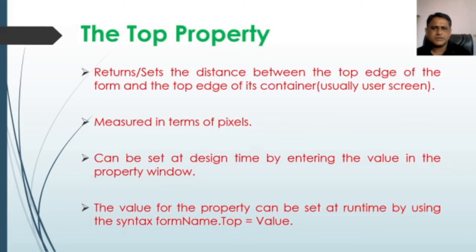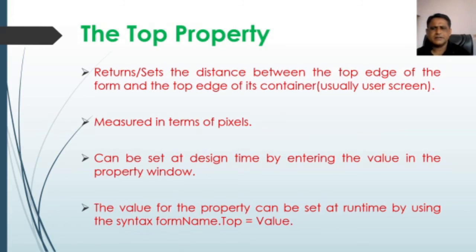So next, the top property. This property returns or sets the distance between the top edge of the form and the top edge of its container. The container will usually be the user screen, most of the time, and in very rare cases, when you use MDI forms, the container will be its owner.